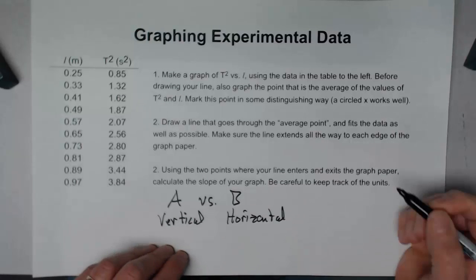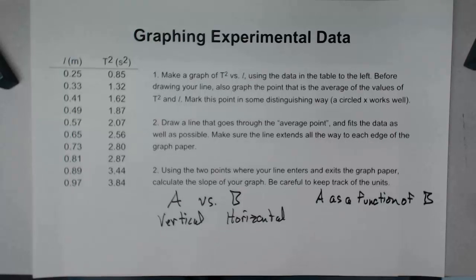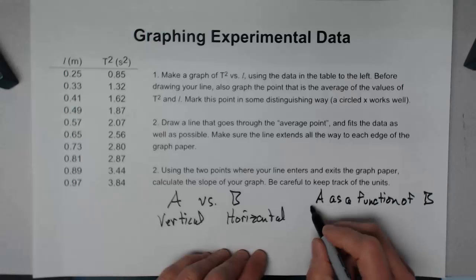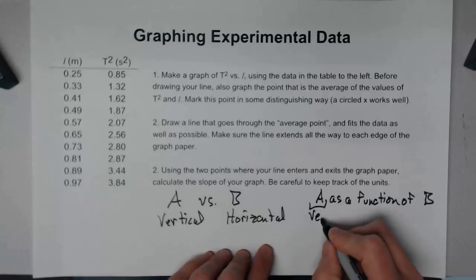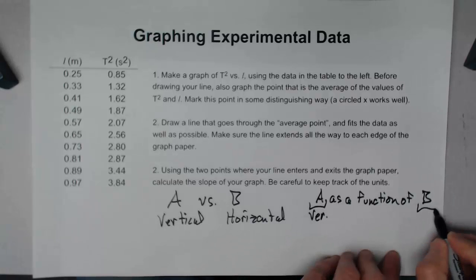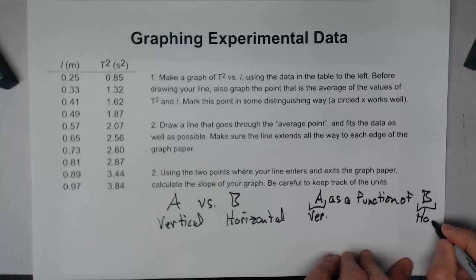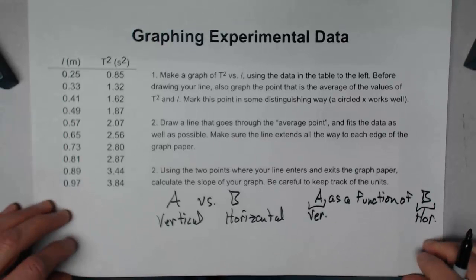That's also the case if you happen to have A as a function of B. The word before "as a function of" would go on the vertical, and the word after would go on the horizontal axis. So that's the way these things work.